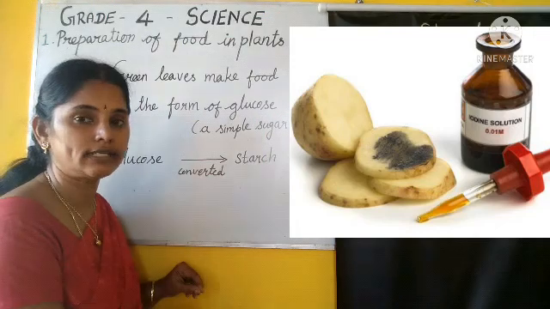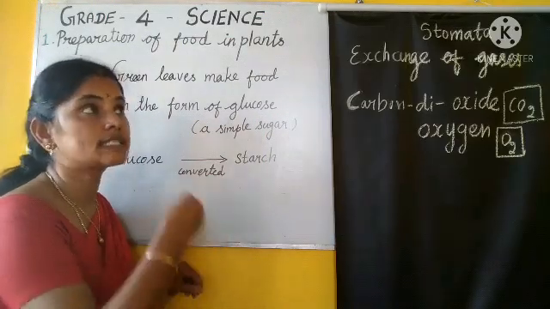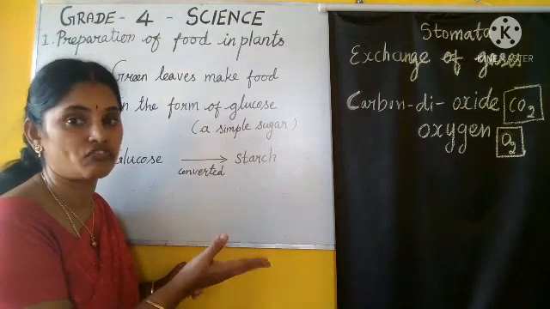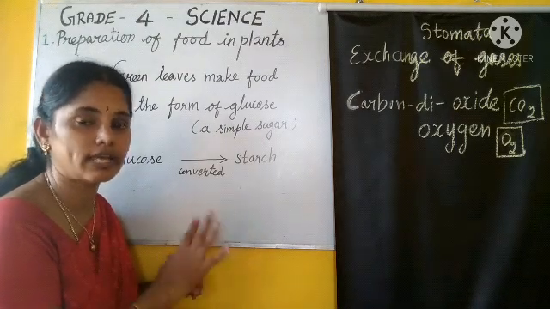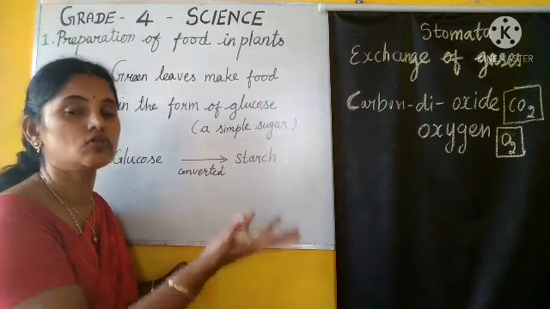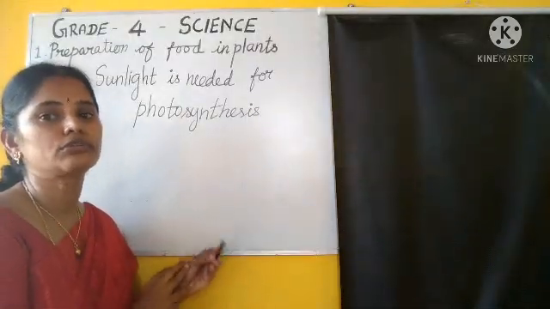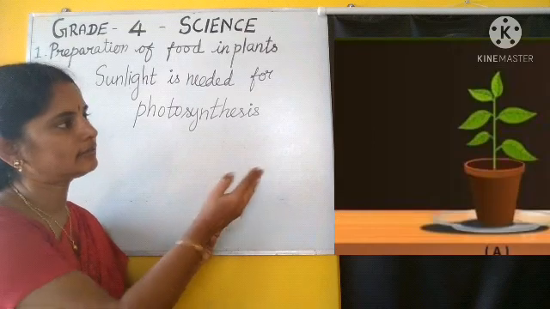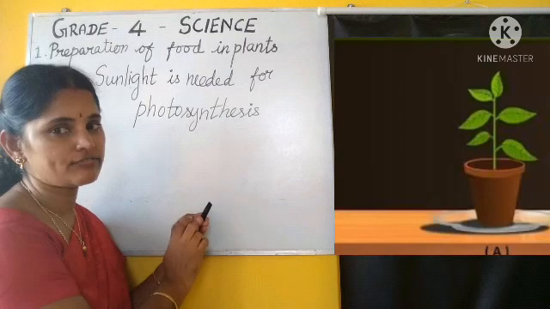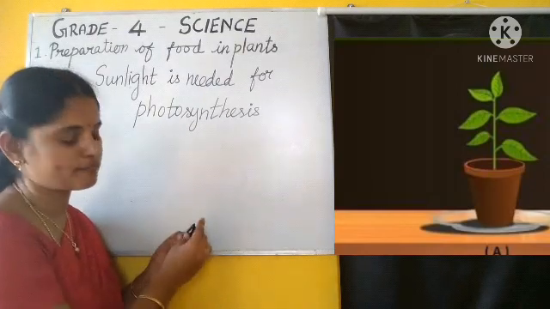Moreover, sunlight is needed for the plant to prepare food. Sunlight is very essential to prepare the starch, that is food, isn't it? So now we are going to take a potted plant like this. Cover one of its leaves with a black strip of paper.